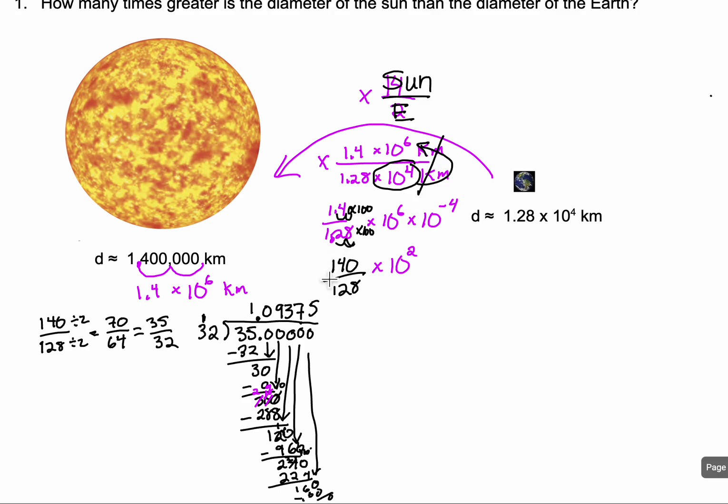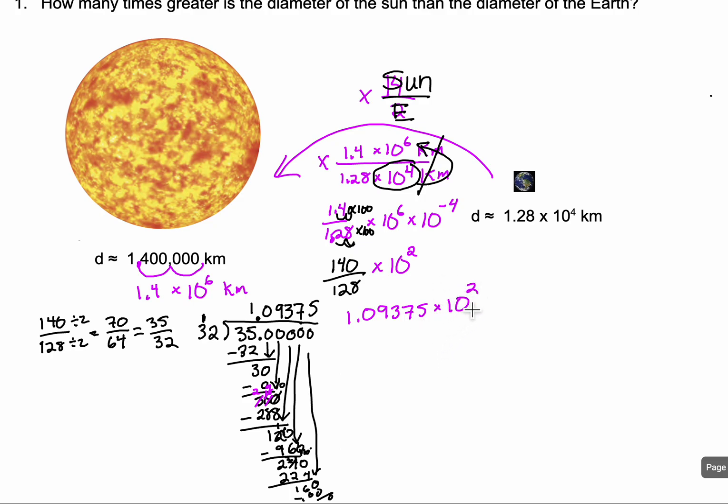So this 140 divided by 128 is this number. Let me get my other color. Let's see, purple. 1.09375 times 10 to the second power.